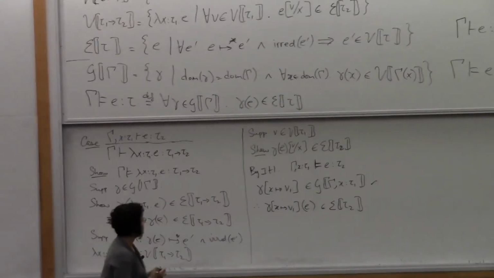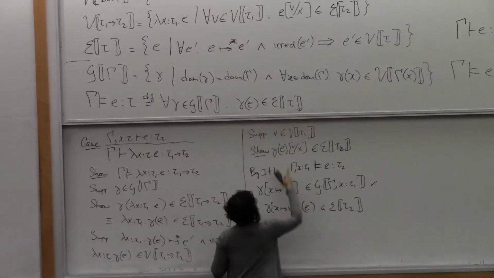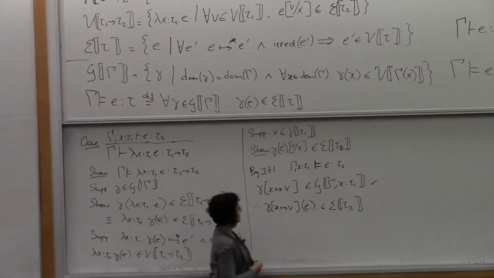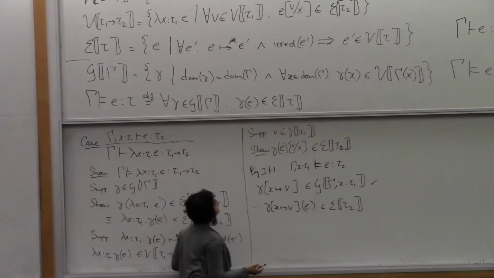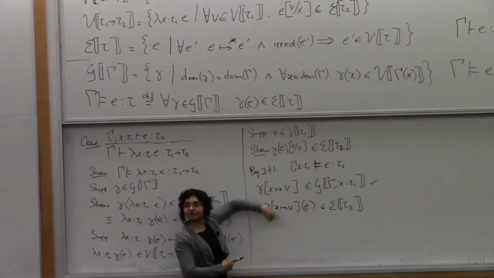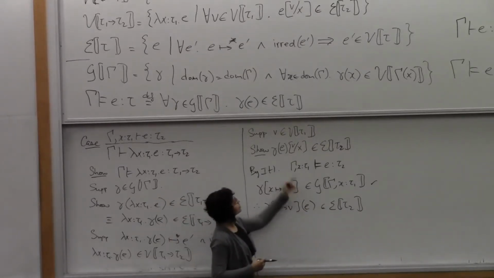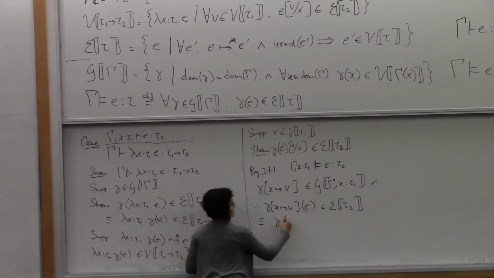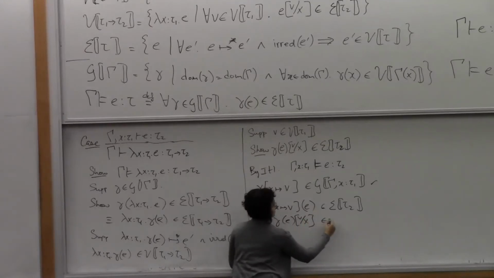Sorry, you're right, it's the v over there. So we have this fact, and this is what we wanted to show. This expression is equivalent to that: we could just do gamma e and then substitute v for x. So we're done.